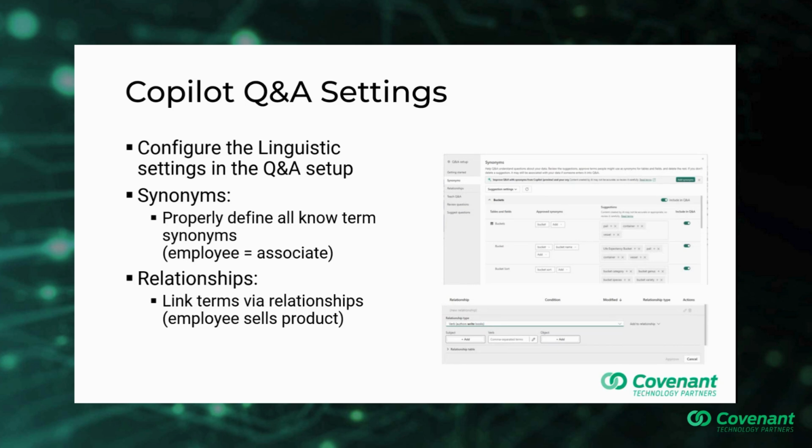The second, and this is a newer feature, is this idea of establishing linguistic relationships. So I can set this up as a set of terms, a who-does-what sort of scenario. And this allows me to linguistically join something like employee and product together, that an employee sells a product.